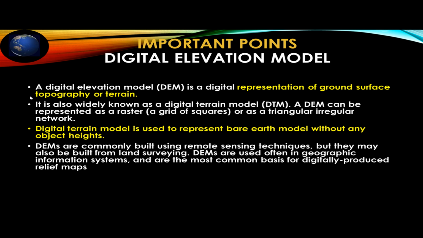It is not taking care of any artificial or man-made feature like buildings or any other feature. It is the exact bare earth height from the mean sea level. So this is the digital terrain model. It represents bare earth model without any object heights.